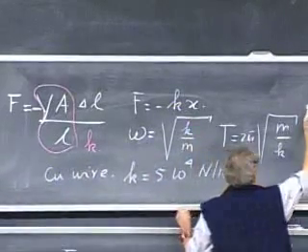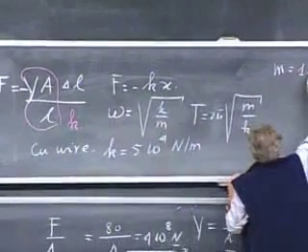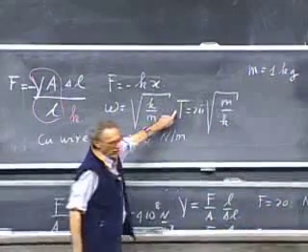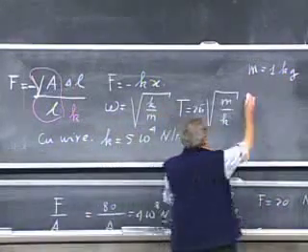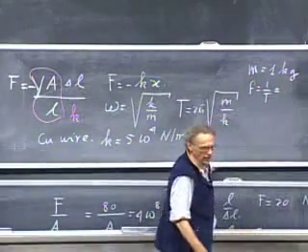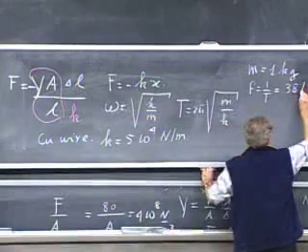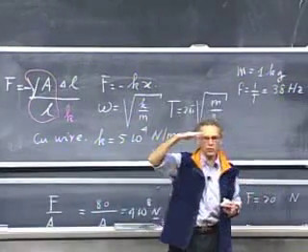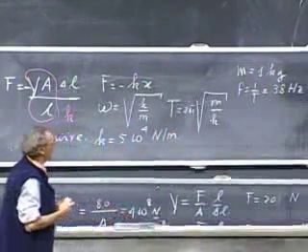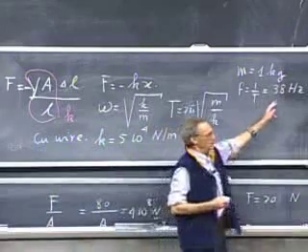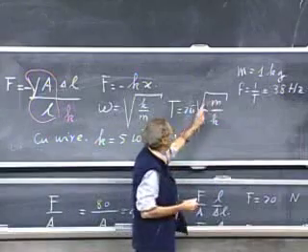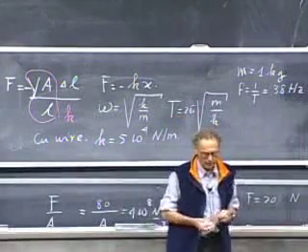So if now I hang on it a mass of 1 kilogram, I can calculate the period of one oscillation, and 1 over the period is the frequency f, and I believe that is something like 38 hertz. So it would oscillate 38 times per second, and if I hang 2 kilograms on it, then this frequency would become something like 25 hertz, because a higher mass gives me a longer period, and a lower frequency.